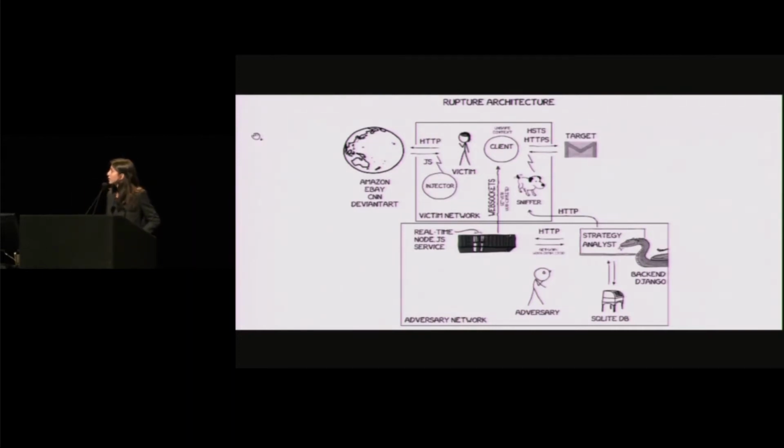The first one is the injector. It's responsible for injecting the JavaScript code to the victim's machine. What it does is that it injects the code in all the unauthenticated HTTP responses, and it works by spoofing the local network and forwarding the traffic in a man-in-the-middle manner.